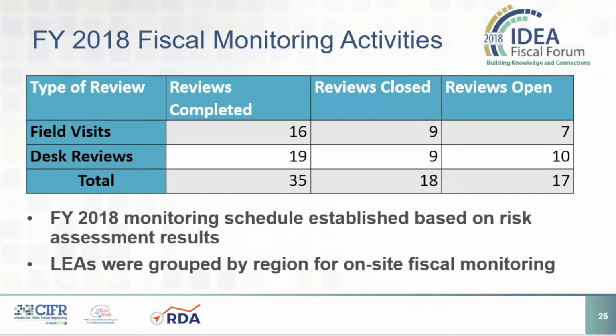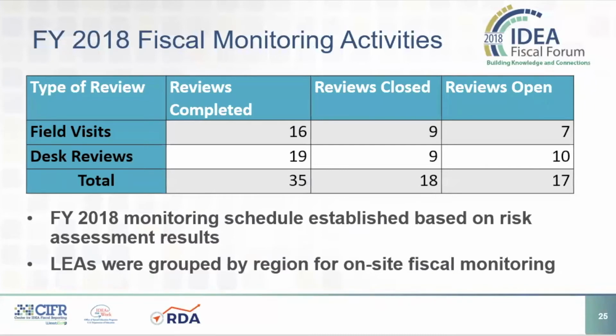That means we are working with the LEA on a corrective action plan so that they can resolve their findings. And we also had 19 desk reviews. As of today, 9 out of the 19 have been closed, and we have 10 that are still open, working with LEAs on finding resolution.